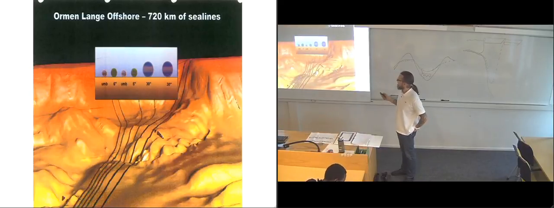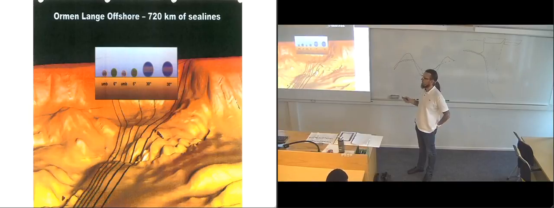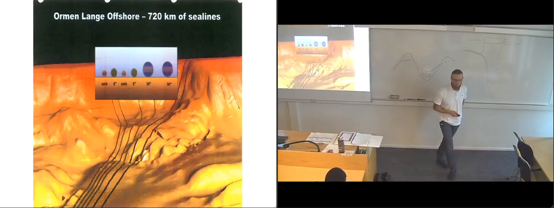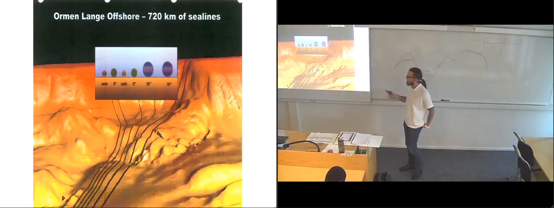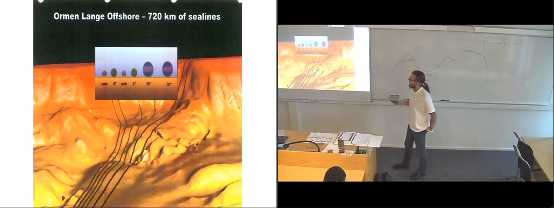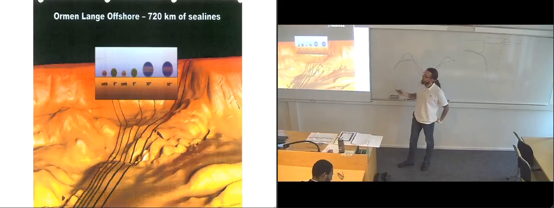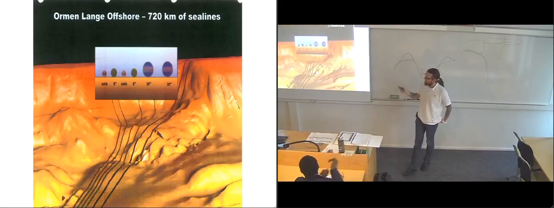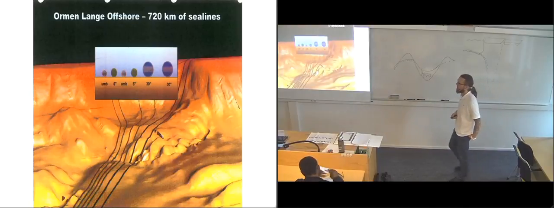So just from shore out to Ormenlange, there are also 720 kilometers of lines going through the water, whether they are pipelines, flow lines that run the production flow, or injection lines or umbilicals. All of those together, 2 umbilicals, 2 injection lines, and 2 flow lines, 720 kilometers of lines being put down.